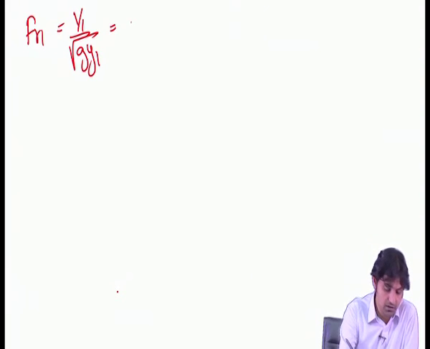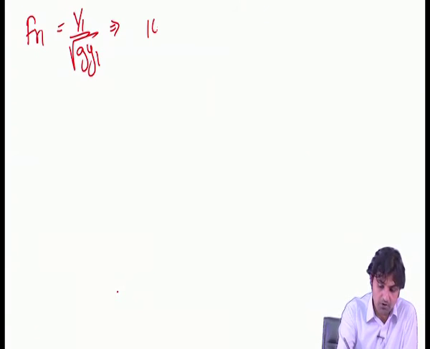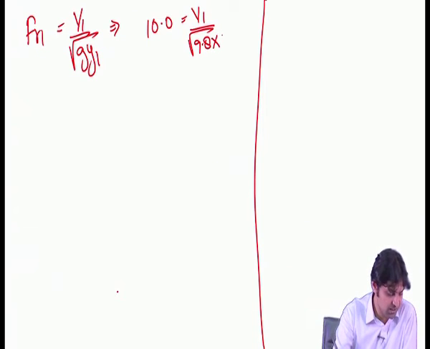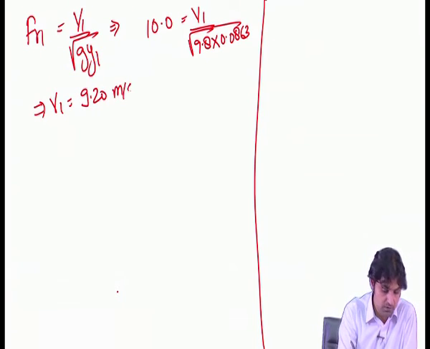All right. So we have found out y2 and y1. So we also need to find out Froude number 1, that is v1 by under root g y1. So Froude number 1 we already know, 10 is equal to v1 by under root 9.8 into 0.0863, which implies v1 is going to be 9.20 meters per second.